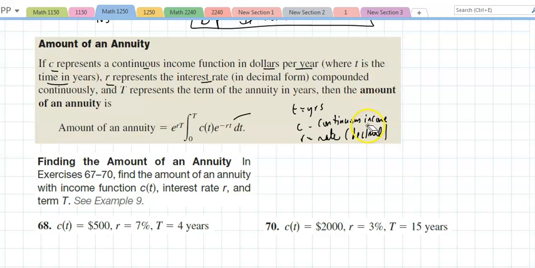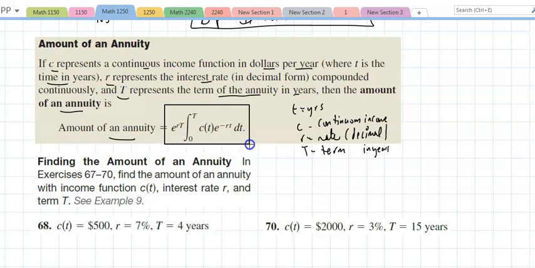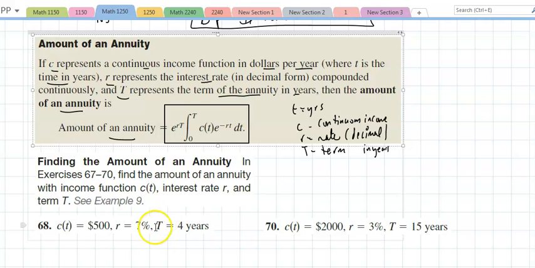And T represents the term of the annuity in years. Then the amount of the annuity is given by this formula. There's not much to this formula except you just memorizing, but you don't have to memorize it, so not much to it. They give us all the information that's needed.